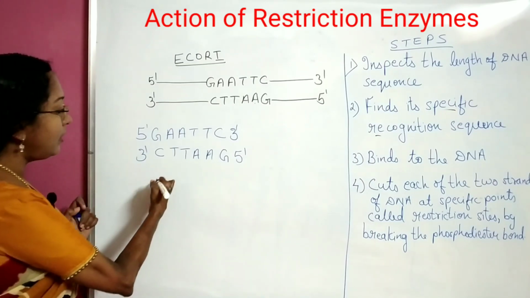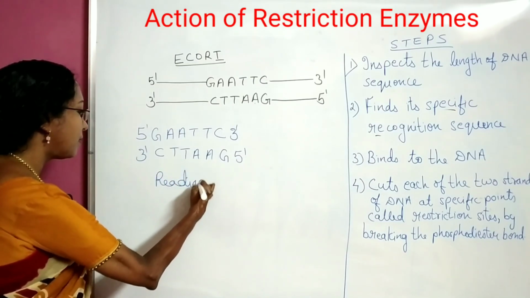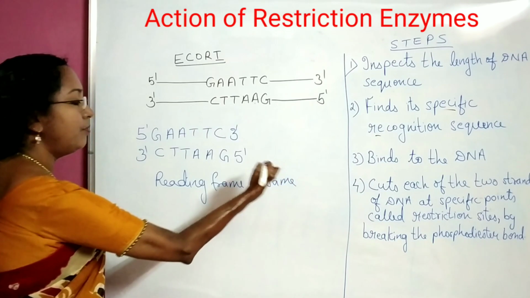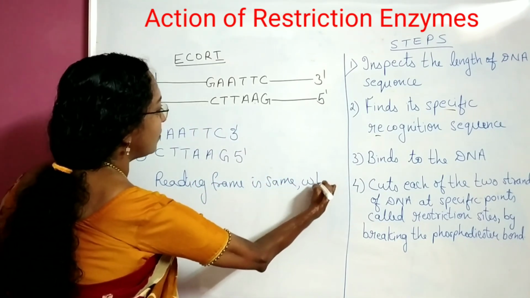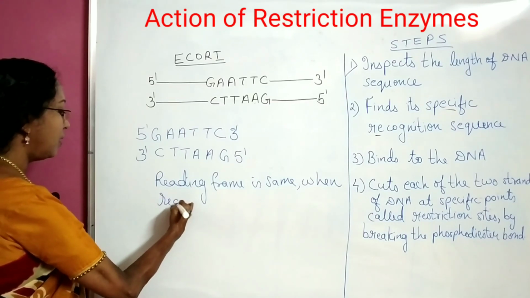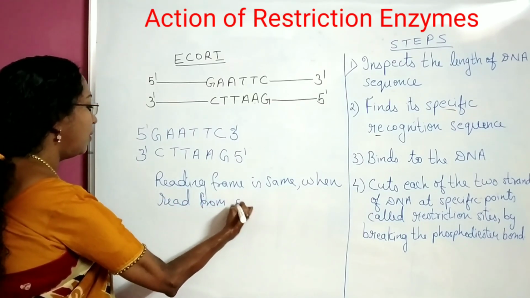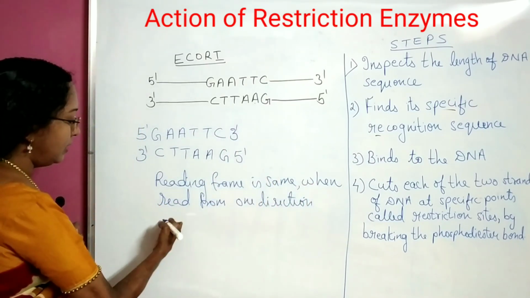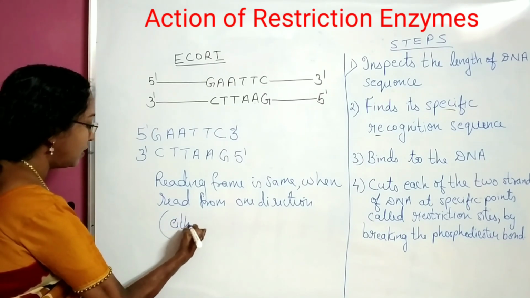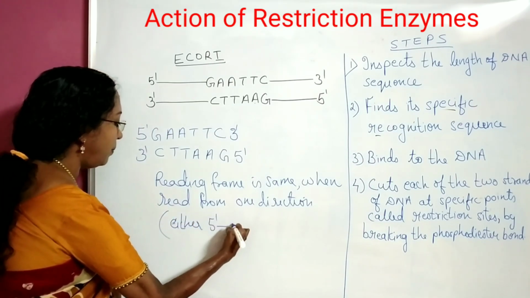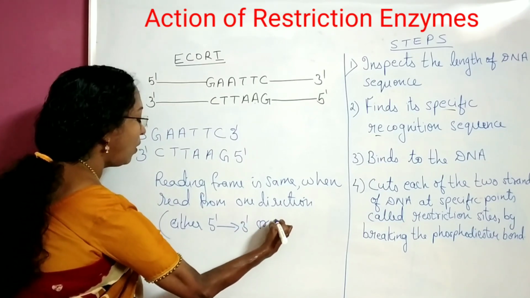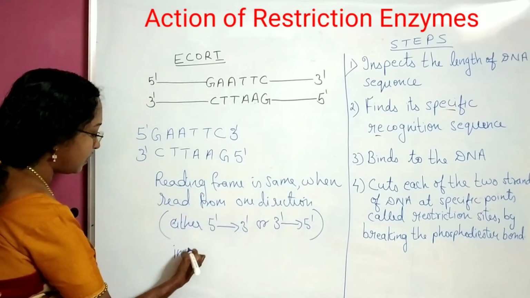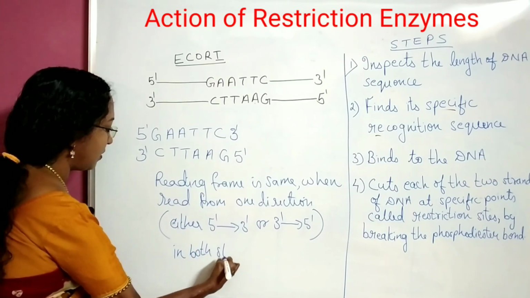You see, the reading frame is the same when read from one direction, that is, whether you start reading from 5 prime to 3 prime or from 3 prime to 5 prime, in both strands.